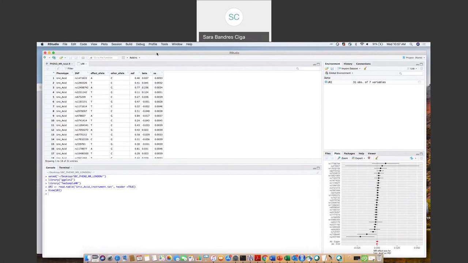Beta is the logarithm of the odds ratio. Then you have the other allele. Then the EAF, the frequency for the effect allele, and this is important for harmonization. This information is what the package uses for harmonization. And then finally, the standard error.